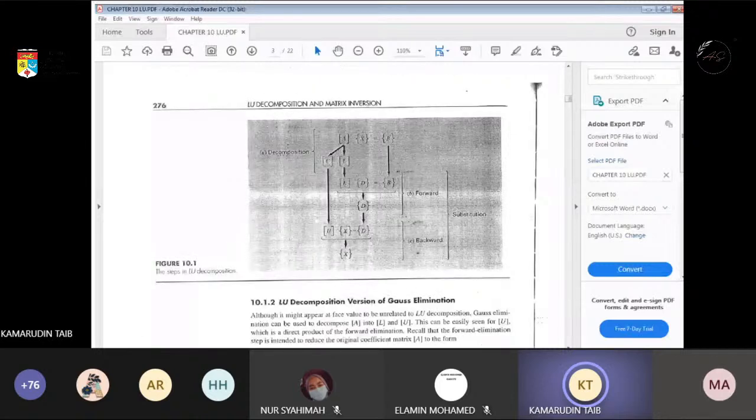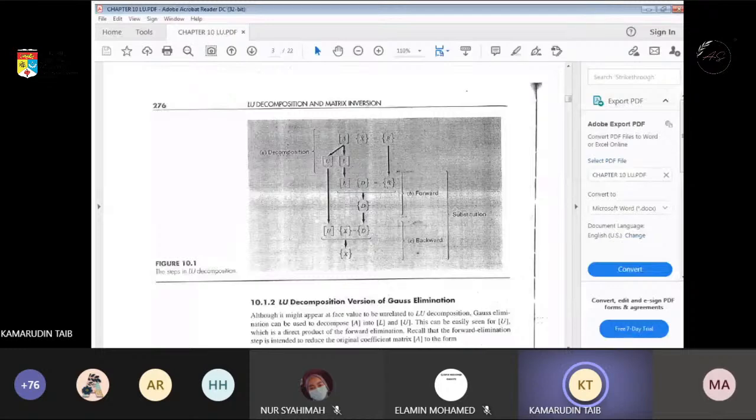Then you multiply L with the unknown matrix D, equating it to B on the right hand side of the original equation, the LD equals B equation.